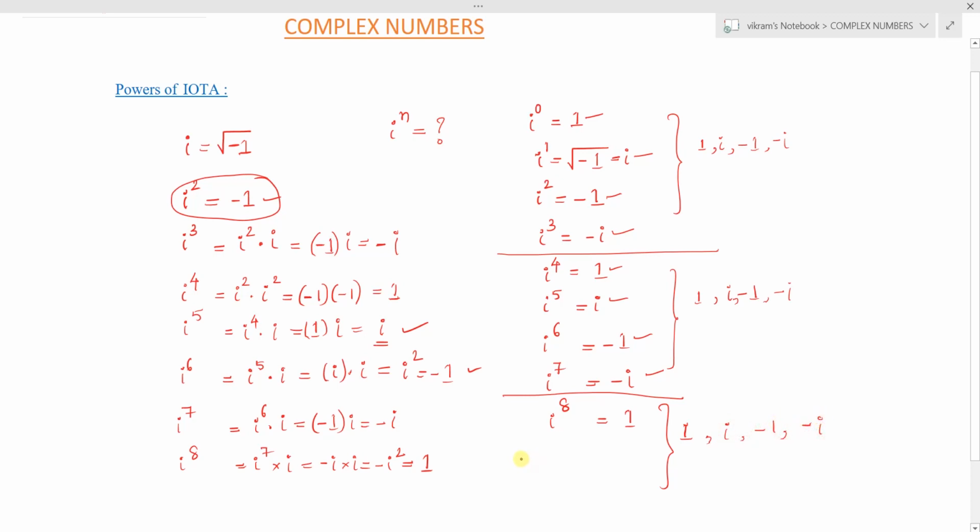That means for every 4 terms of powers of iota, the same values are repeating, and we can summarize this. For every fourth multiple, i power 4n, we get 1.